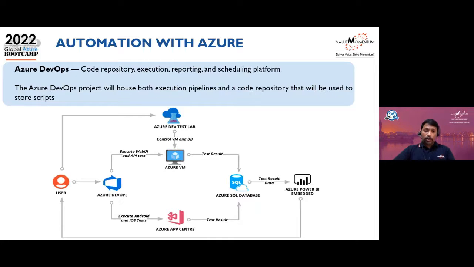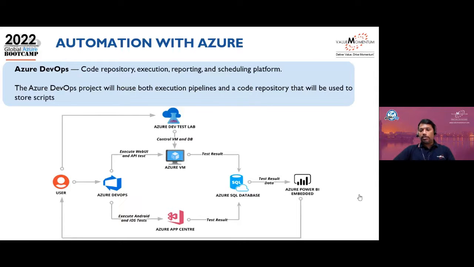Whatever we have on machines, we almost have the same things, apps or applications, on mobiles, tabs, Mac, etc. If it is mobile, it can be either Android or iOS. Any of those is feasible, and we can run those test cases in Azure App Center, and then the results will be stored in Azure SQL DB.